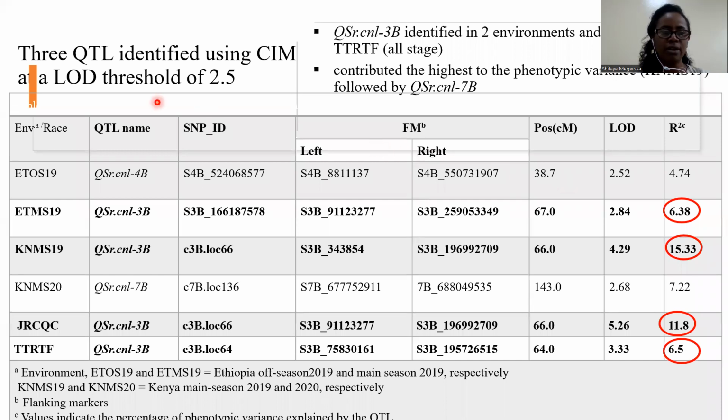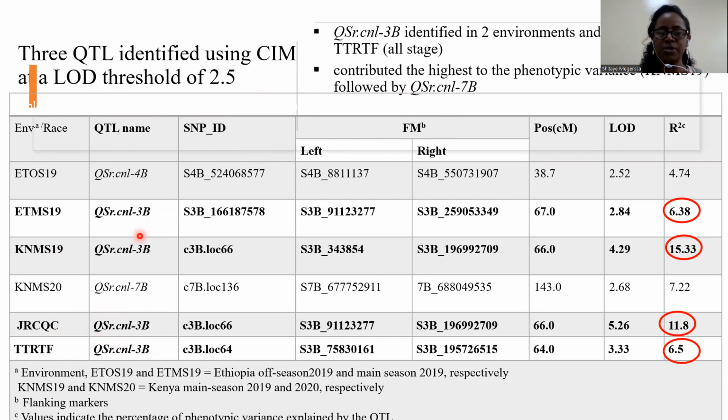Then using composite interval mapping, we identified 3 QTL at a low threshold of 2.5. The QTL on chromosome 3B was identified in 2 of the environments, Ethiopia 19 and Kenya 19, and also for the 2 races at the seedling stage.